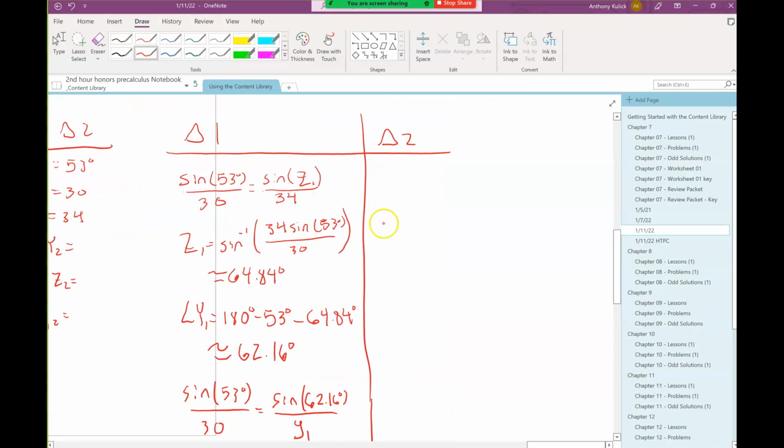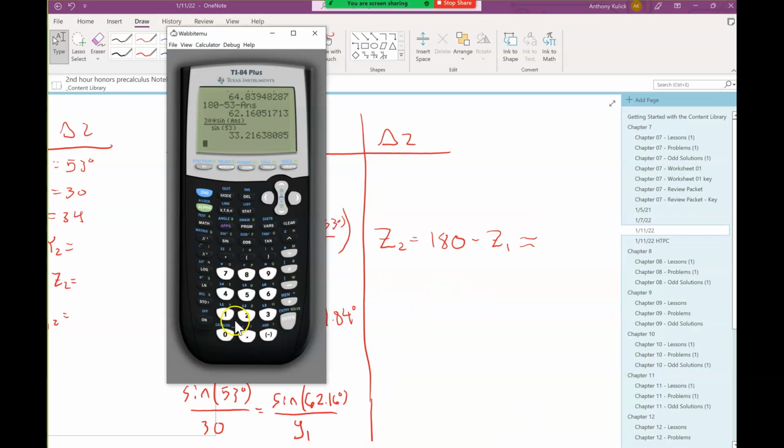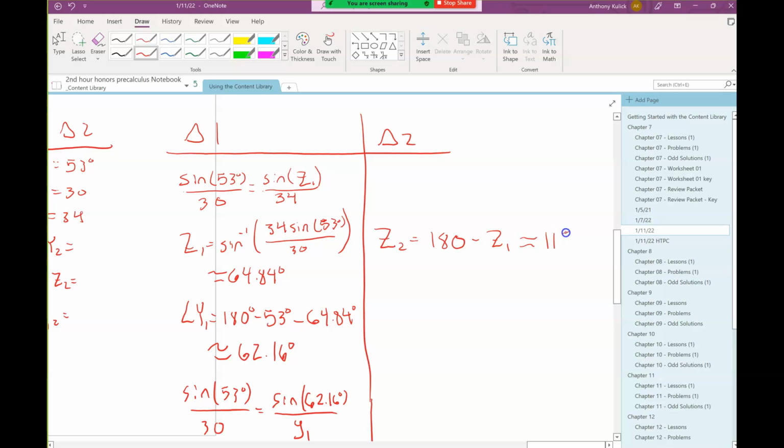Since we solved for Z, angle Z is my first thing in triangle 1, I have to solve for angle Z2 as the first thing in triangle 2. And I remember that these angle Z's are going to be supplementary. So that's 115.16.